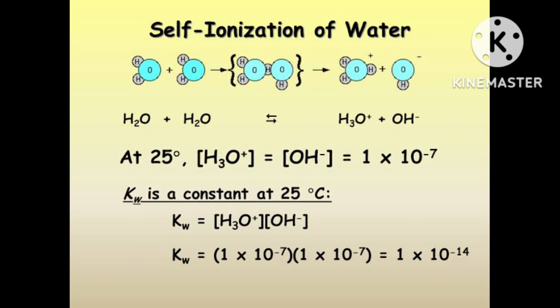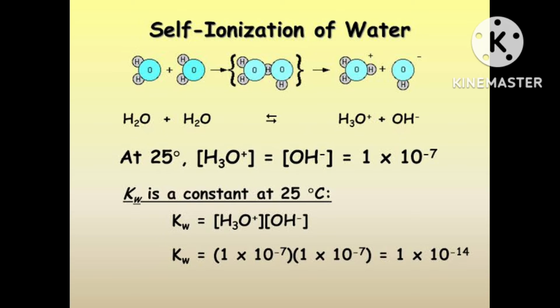And salts like NaCl, KCl, calcium chloride will dissolve in water. KCl forms K plus and Cl minus, NaCl gives Na plus and Cl minus, and calcium chloride gives Ca2 plus and 2Cl minus. In this way these salts are also producing cations and anions.